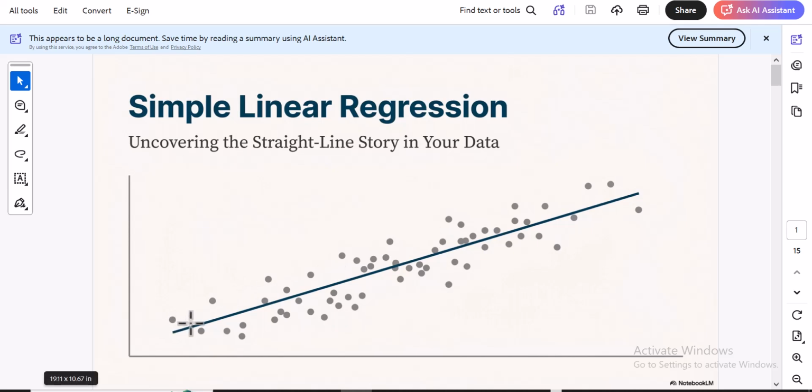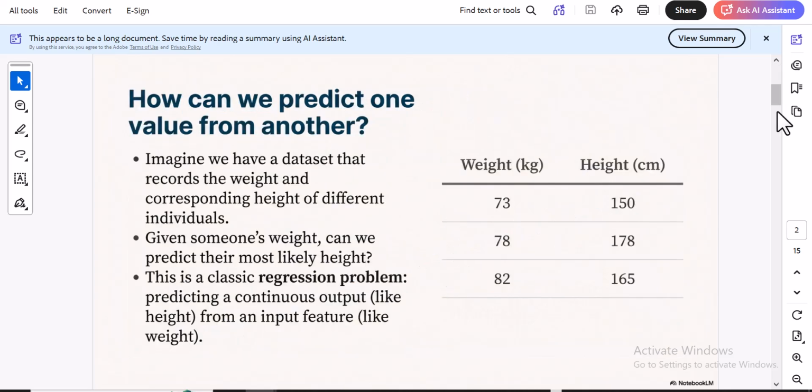For example, in this case, you can see that we have one regression line. And the important thing is that we need a line that is giving a perfect fit, or in other words, it should be representing all the original data observations. So let's dive in to understand the basic idea of the regression analysis.